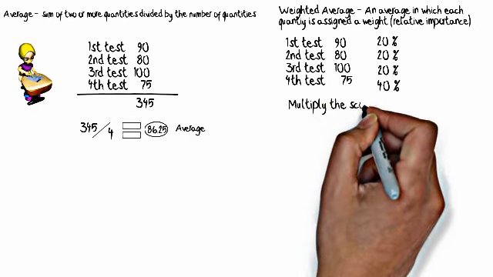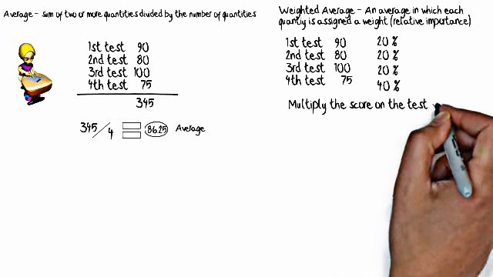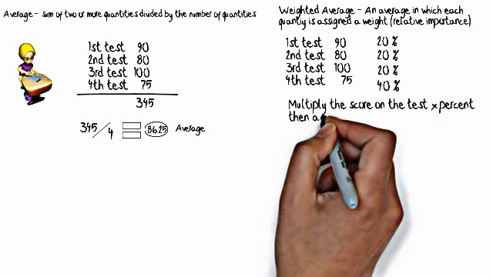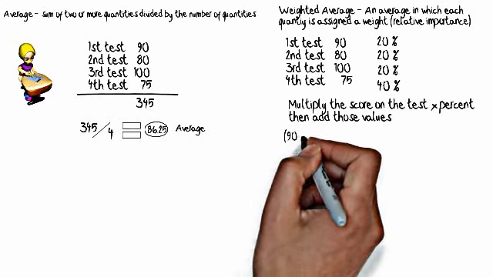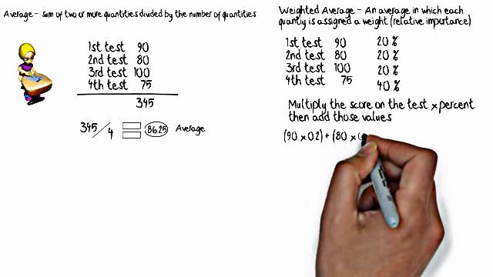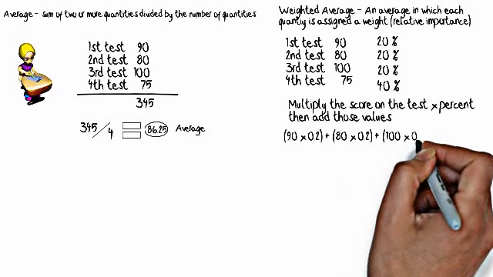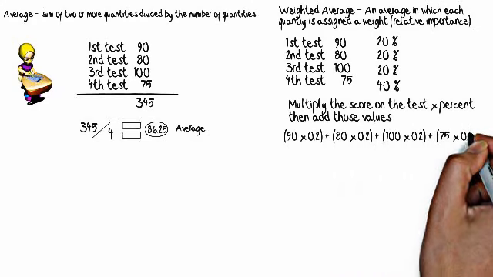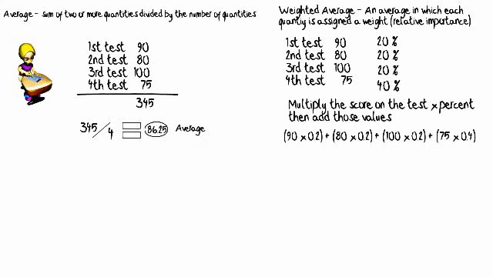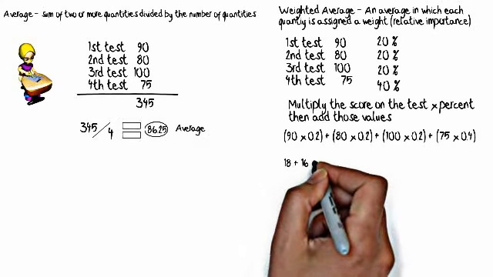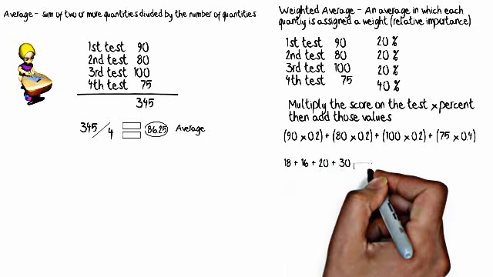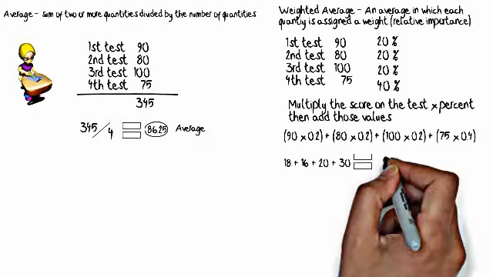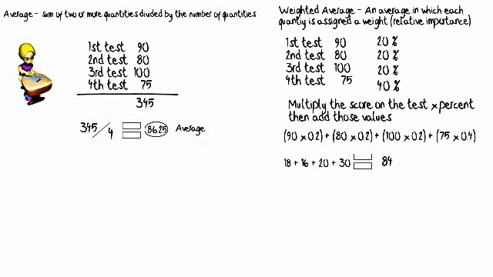Now, to get the weighted average, we multiply the score on the test times the percentage that it's worth. So if we take 90 and multiply times 0.2, because 0.2 is 20%, add that to 80 times 0.2, add that to 100 times 0.2, and add that to 75 times 0.4, we get 18 plus 16 plus 20 plus 30, which gives us an 84.